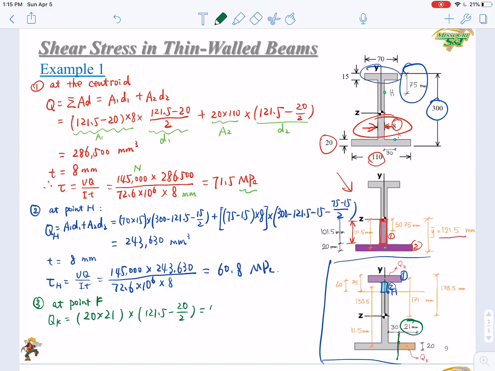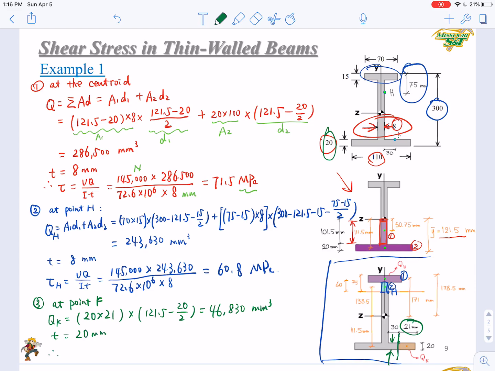So you got 46,830 cubic millimeter, and the thickness here is 20, as denoted here. It's the thickness of the bottom flange. So here it's 20 millimeter, so not 8 anymore.